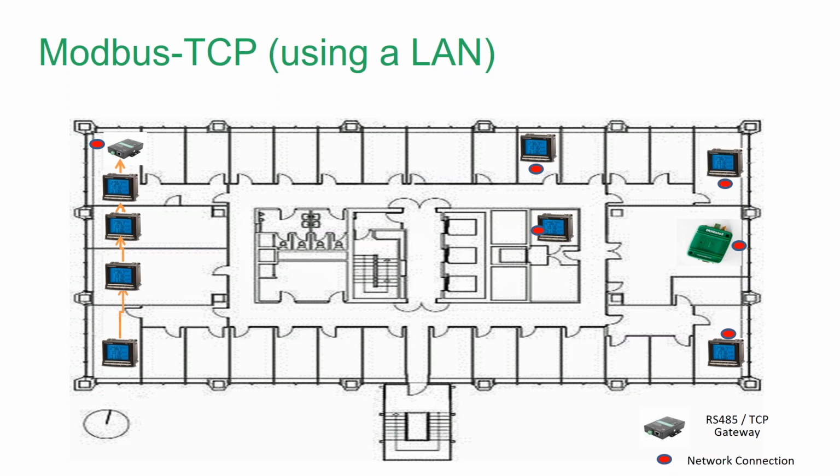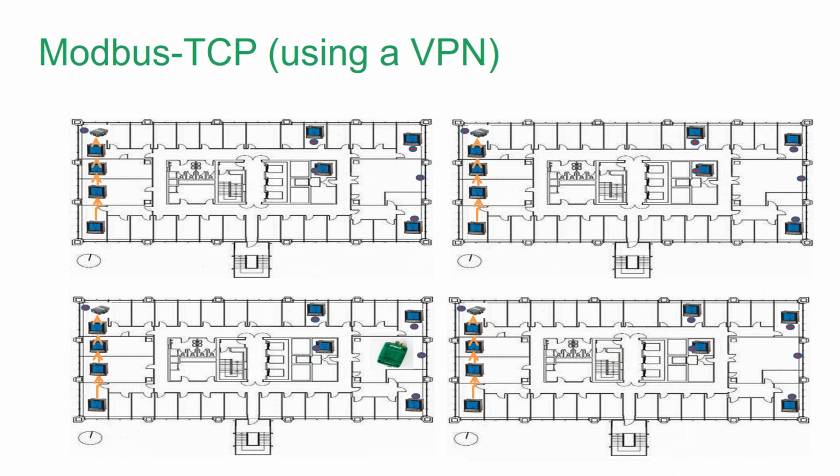Okay. This is how Modbus TCP looks in a local area network. This means in one building, for example. But what if I have different buildings in different places, but all these buildings are connected in the same network? This could be a VPN, a virtual private network.